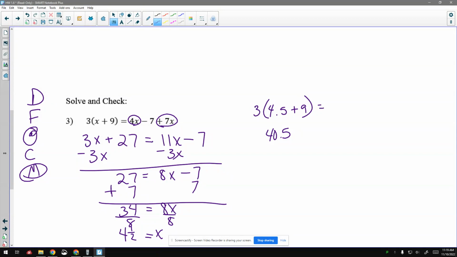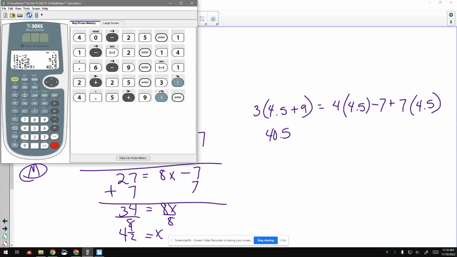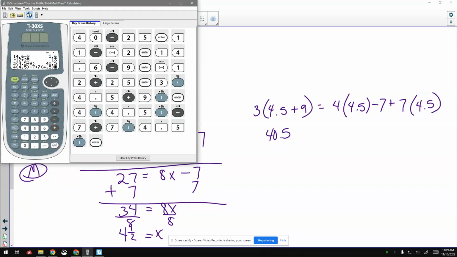And on the other side, I have 4 times 4.5 minus 7 plus 7 times 4.5. I don't know. This is iffy. Okay, I did something wrong. I hate when I do something wrong.